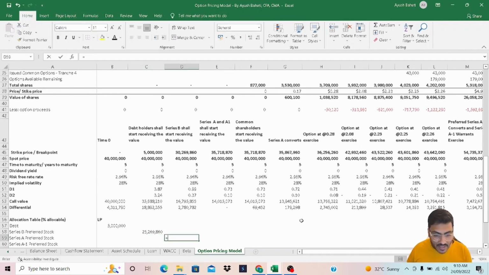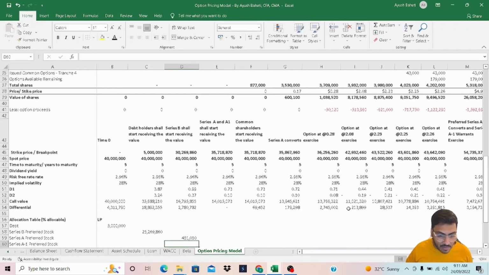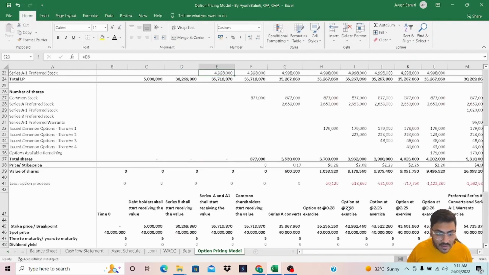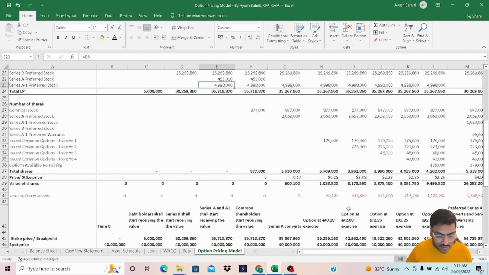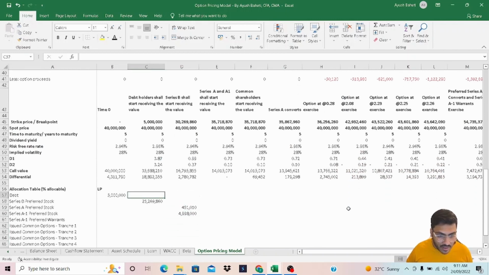Then moving forward, Series A and Series A1 will start receiving the value. So Series A liquidation preference is this, and Series A1 is this. Okay, so these are all LPs so far, which is liquidation preference.